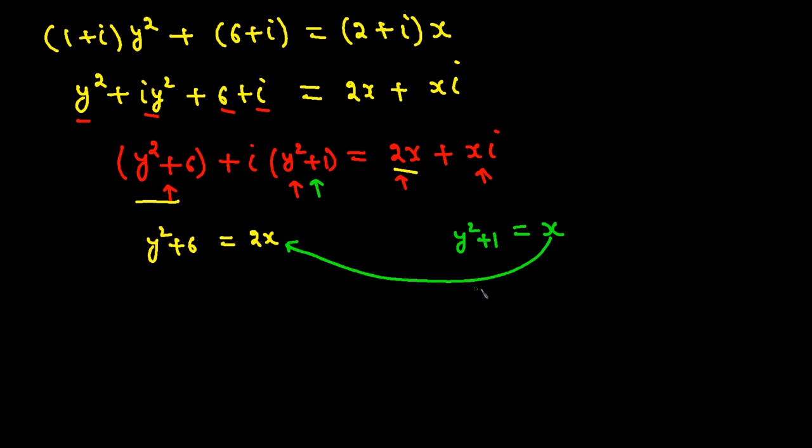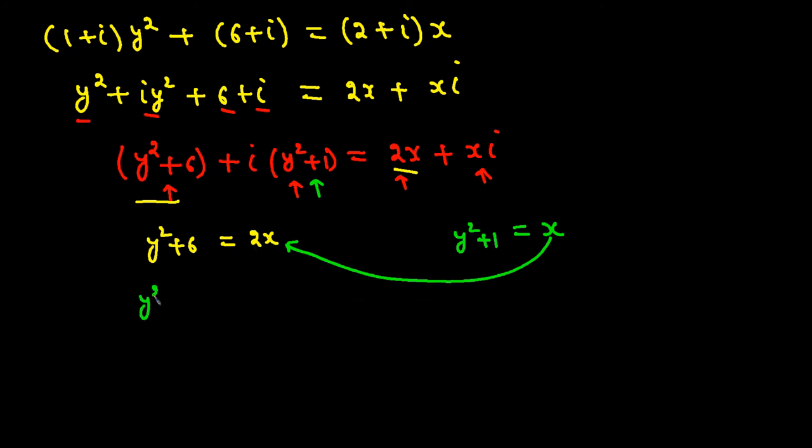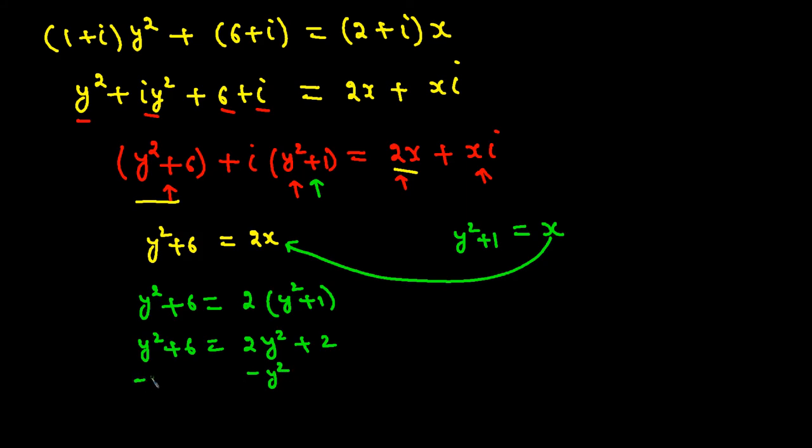So let's do that. So if I plug in this x value here, this gives me y square plus 6 is equal to 2 into, and I'm gonna plug in x is equal to y square plus 1 here. So y square plus 1. Okay, so y square plus 6 is equal to 2y square plus 2. Subtract y square on both sides.